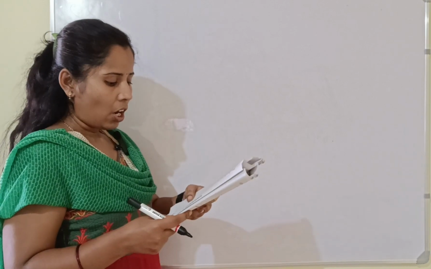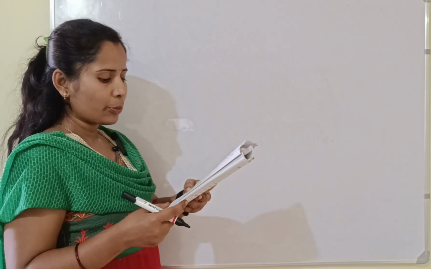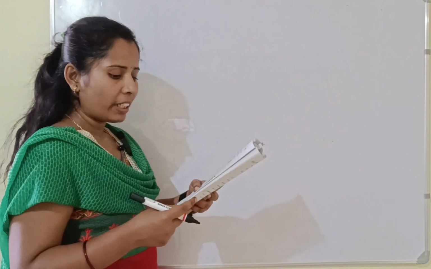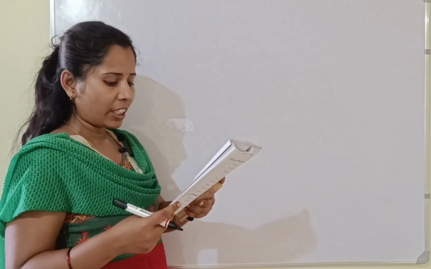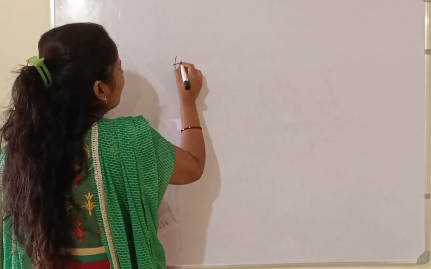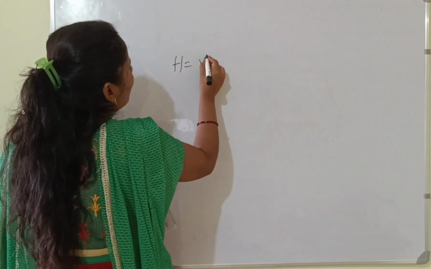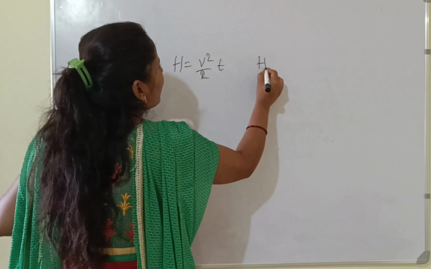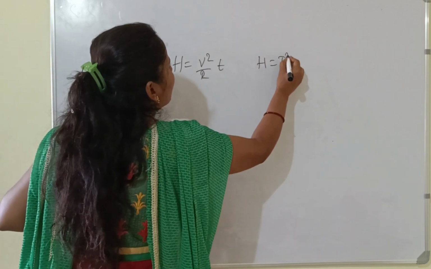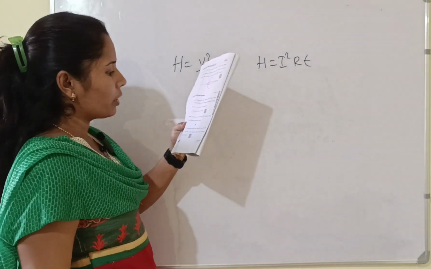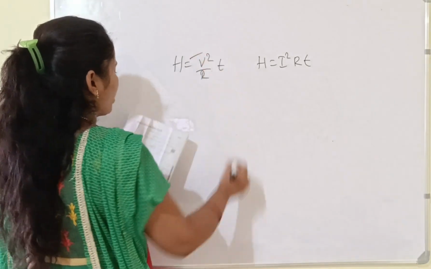So 10th question, 200 joule of heat is produced each second in an 8 ohm resistance. Find the potential difference across the resistance. So for heat, we have two formulas, H equals V square by R into T, or H equals I square RT. Here I have to find out voltage, so I will choose this formula.